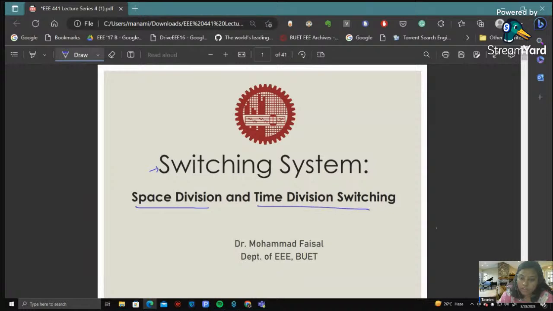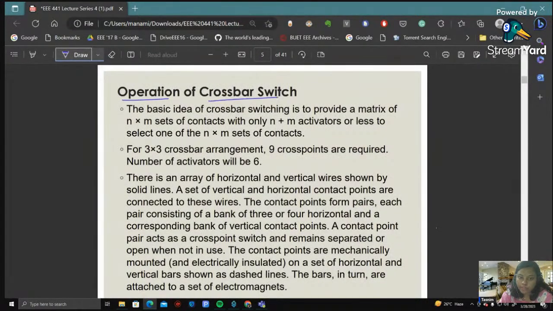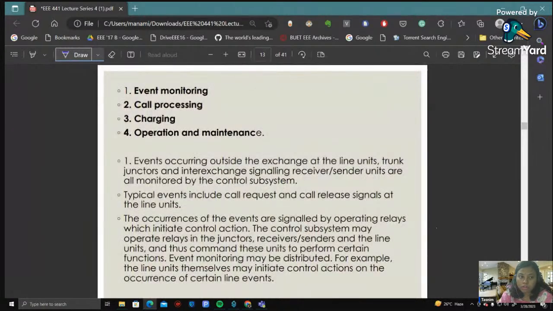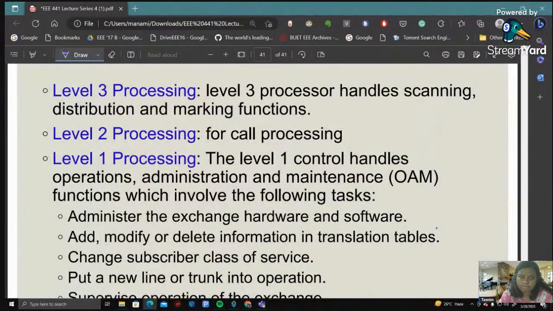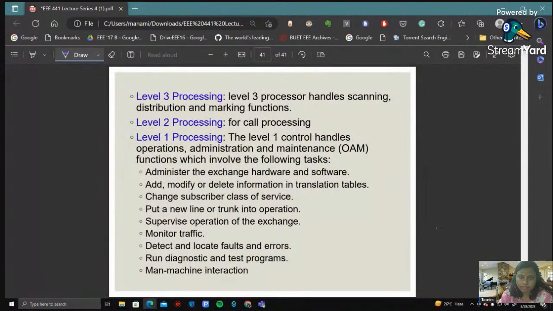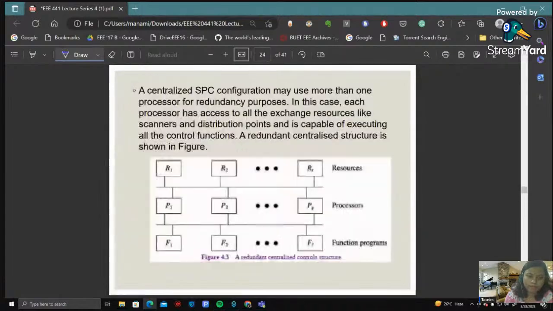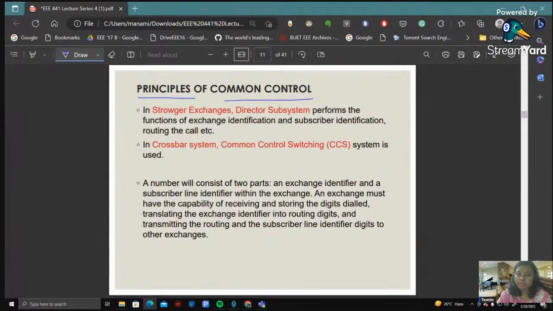It contains space division and time division switching, and we have the crossbar switch, the operation of the crossbar switch, and the principles of common control.